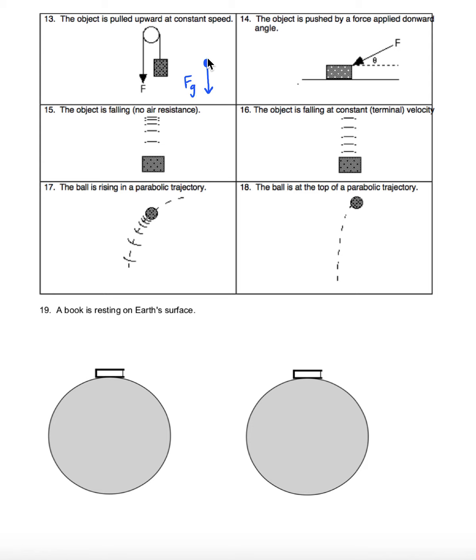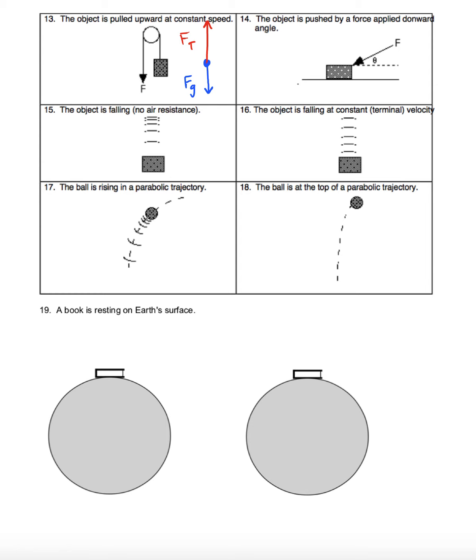And the question is, how large must the tension force be, which is pulling that box up? Now, sometimes people want to put a larger arrow for the tension force than they do for the gravitational force. It's just instinct, you know?